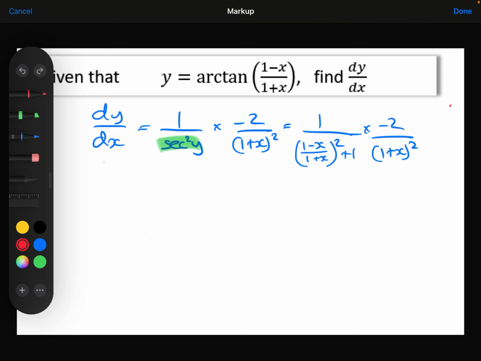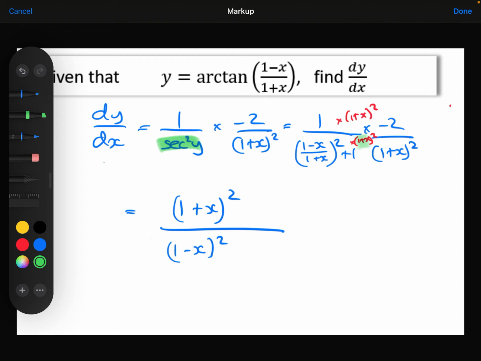To deal with that, I'm going to times top and bottom of this fraction by 1 plus x all squared. So on the numerator, I've got 1 plus x all squared. On the denominator, I've just got 1 minus x squared, because this cancelled this. But then I've also got the plus 1 plus x squared there, because of the 1 times that 1 plus x squared.